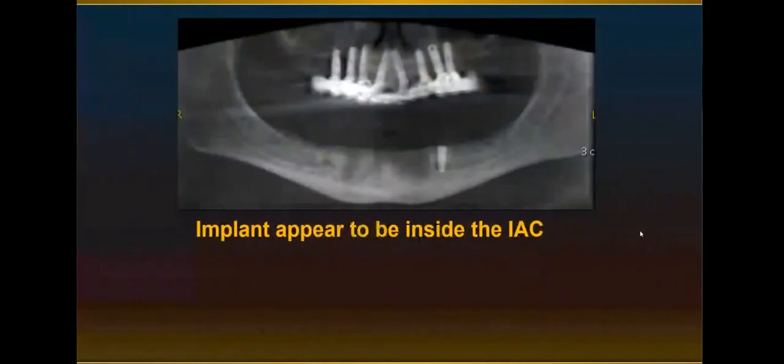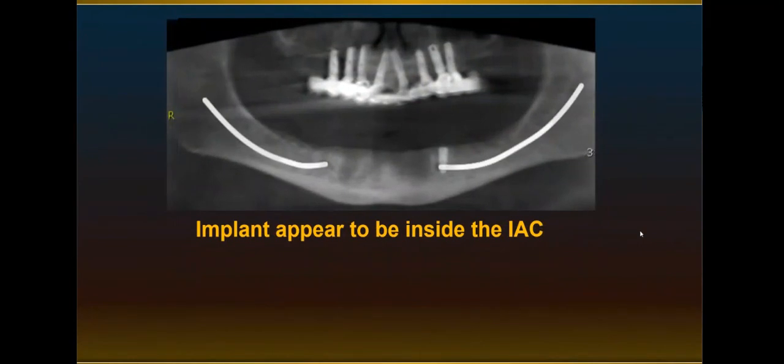This is the second case. We're going to see something different. This is a panoramic image, and we can see there is an implant in the lower left premolar region, and it seems to be injuring the inferior alveolar canal.